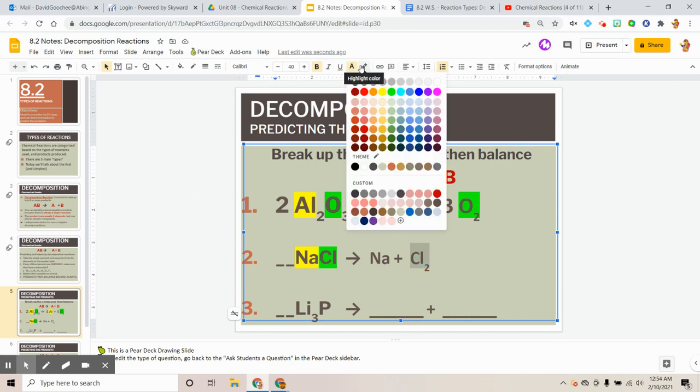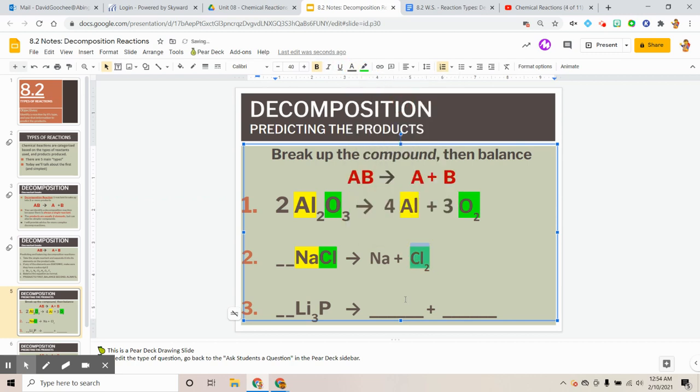Again, the decomposition reaction is simple. Okay? You're just given a compound with some elements in it, and they basically almost always, unless I say otherwise, are just going to separate into those elements. And now we have to balance it. Okay, we've got 1 Na on this side and we've got 1 Na on that side. Okay, we've got 1 Cl on the reactant side and 2 chlorines on the product side.